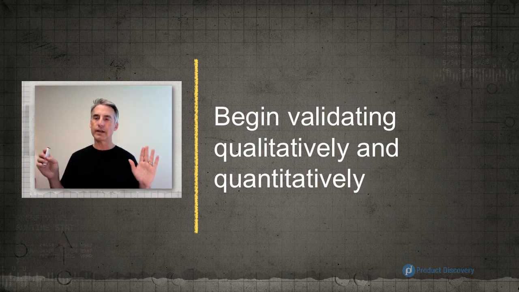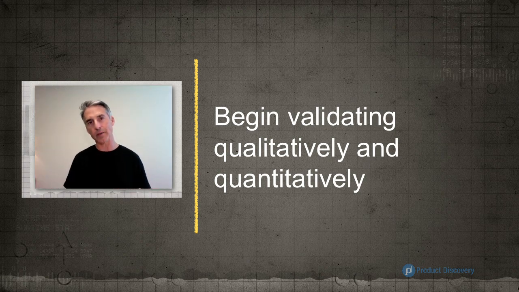So the next step is really what it's all about, and that is using customer development to qualitatively and quantitatively validate the business model. And we'll have a whole section later about customer development and how that works. But really what you're doing is you are getting your business model in front of people.